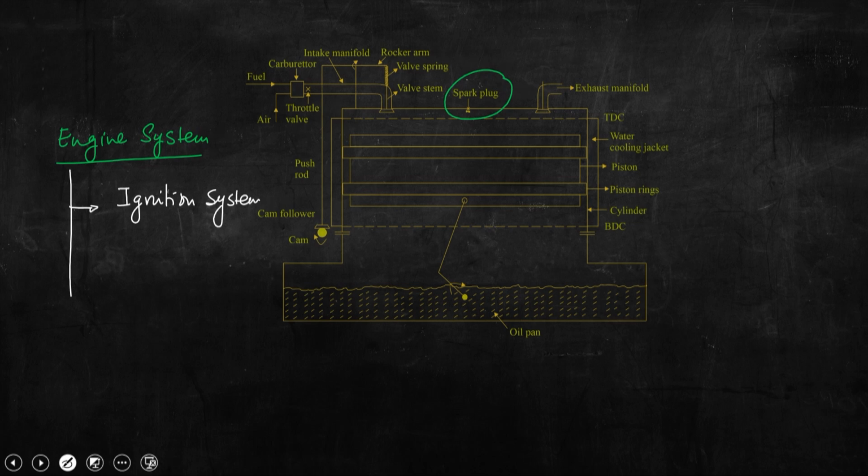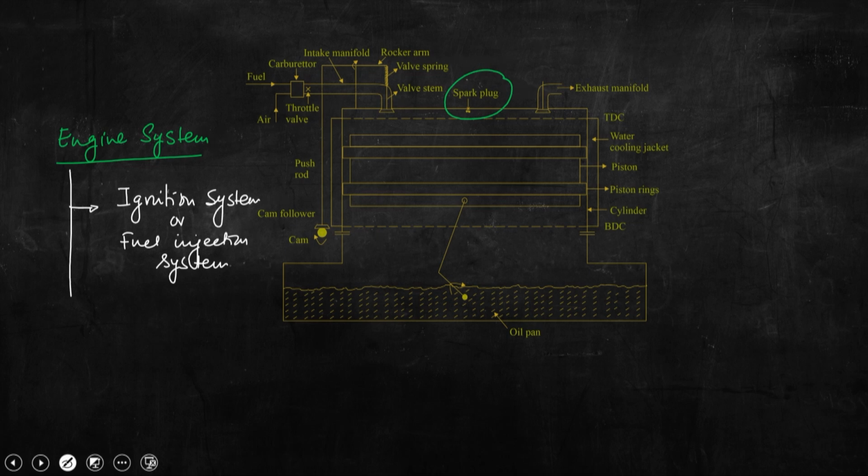This ignition system is applicable for spark ignition engines, or equivalently we can write fuel injection system for the CI engines. Since we did not classify engines until now, we are trying to have generic expressions or generic subsystems.